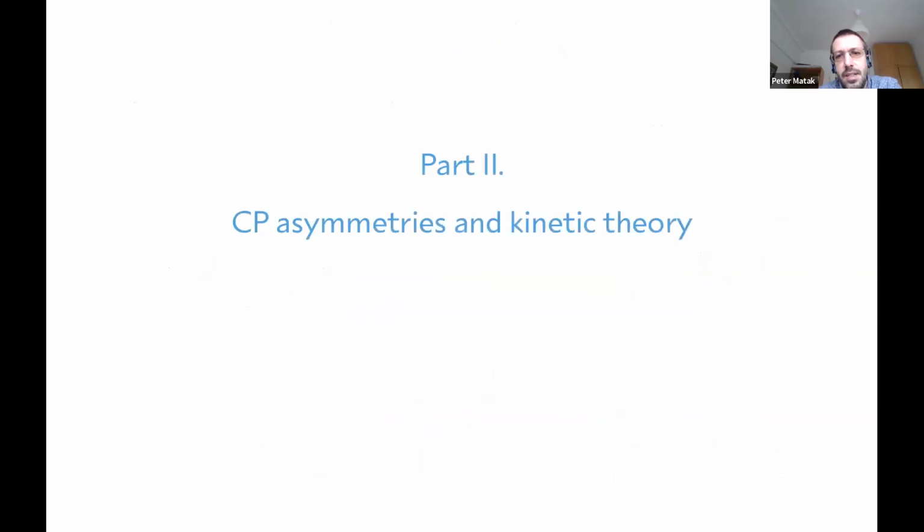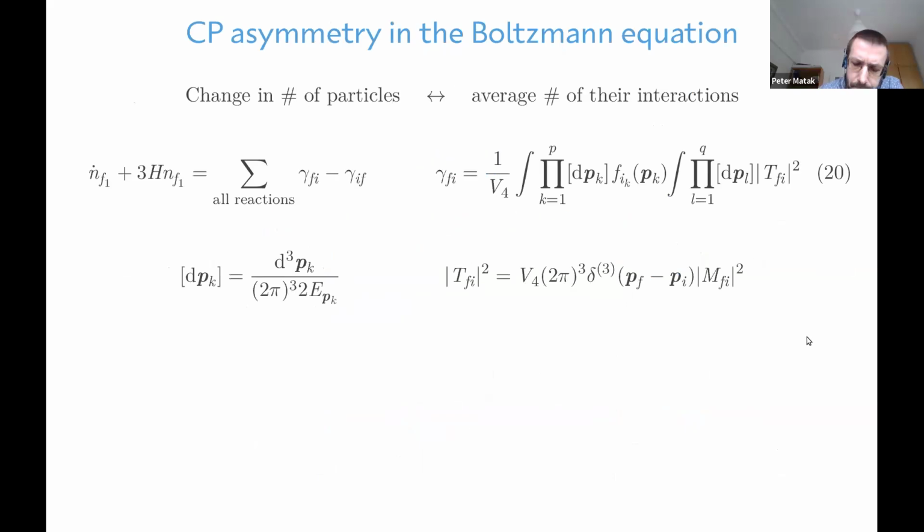Okay. So the second and more interesting part is how this works with kinetic theory. It's not enough to have an asymmetry. You need to write down the so-called source term for lepton or baryon number to get a phenomenologically interesting model. In general, the Boltzmann equation is the idea that you have some particles moving in space, and you count the processes that change their number.